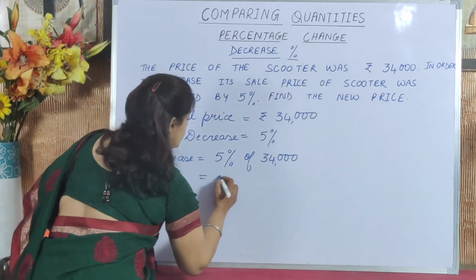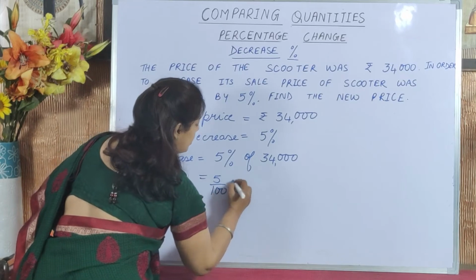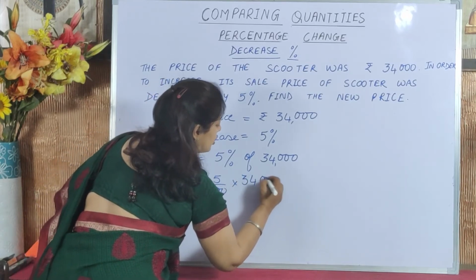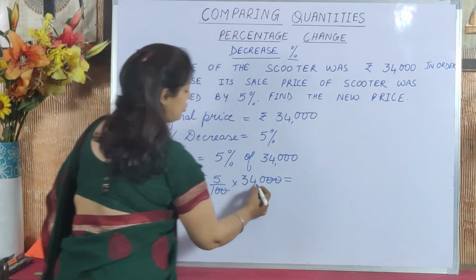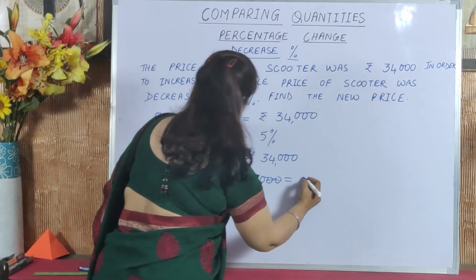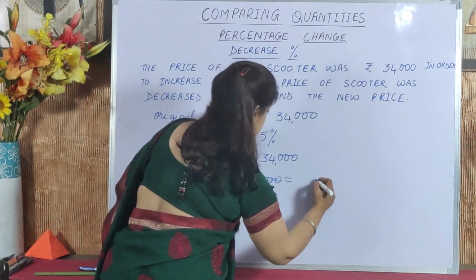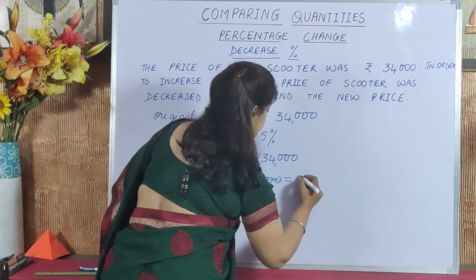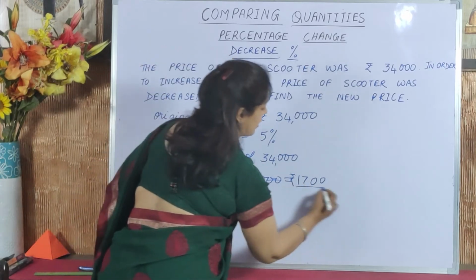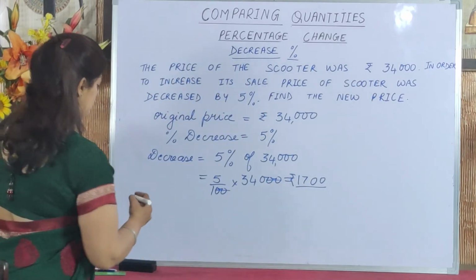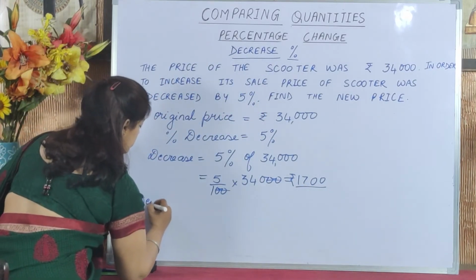So 5% of 34,000 means 5 upon 100 multiplied by 34,000. Zeros get cancelled. 5 into 340. 5 4s are 20. Carry 2. 5 3s are 15 and 2 17. So I get this as 1,700.